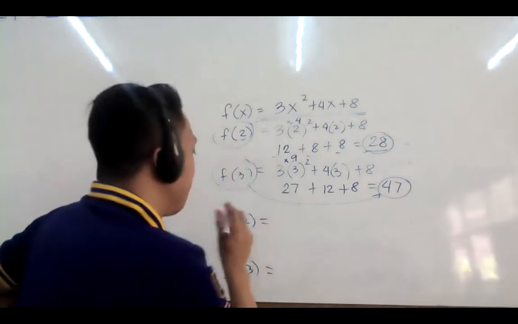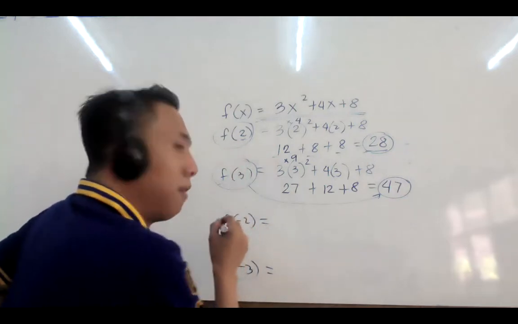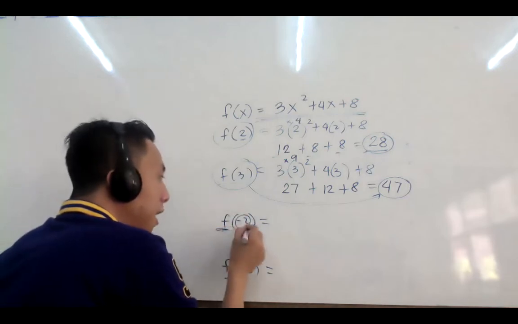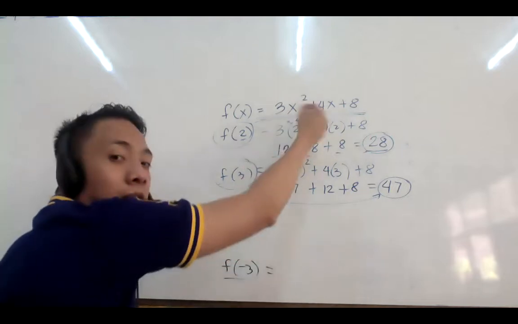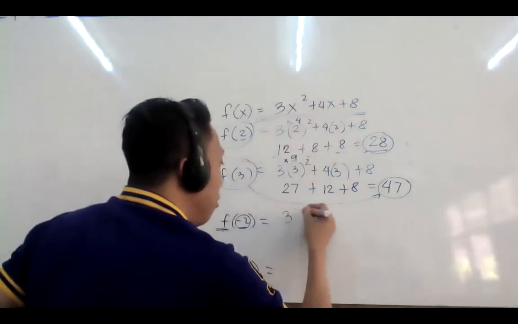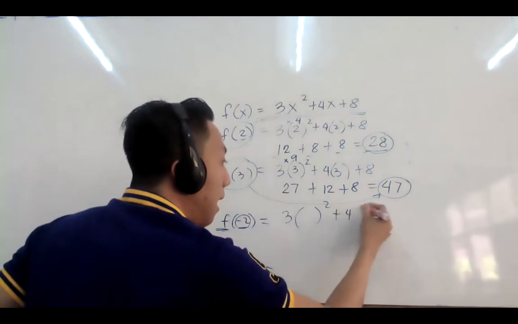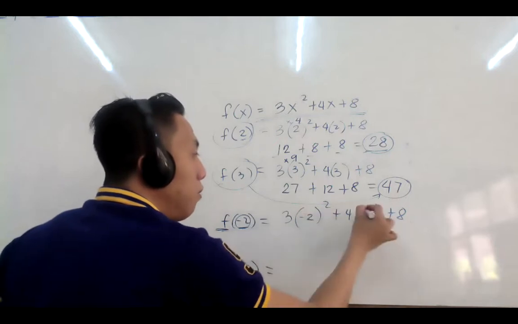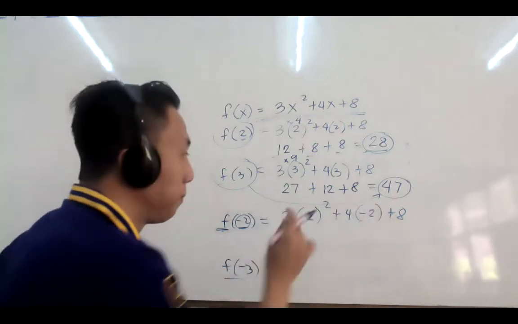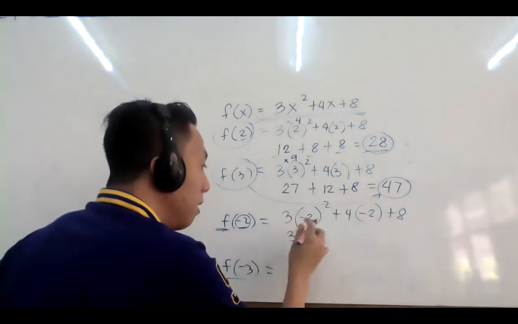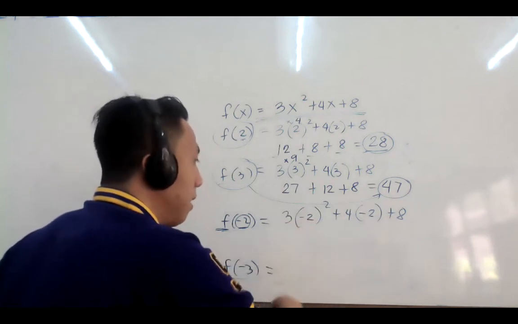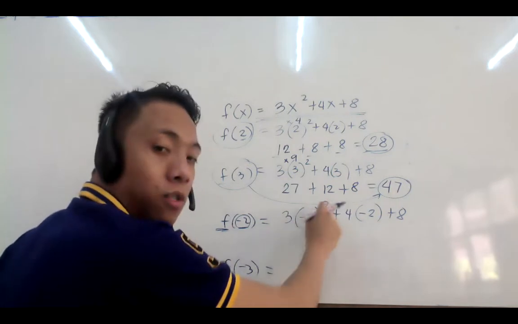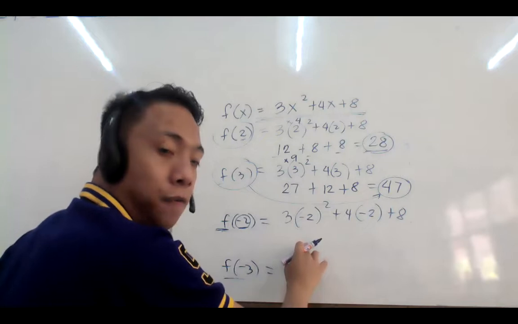Number 3. Our given function or our given variable is negative 2. So we need to find the function of negative 2 using this equation. Again, change all the x's with negative 2. So negative 2 and then negative 2. We have 3. Negative 2 squared. Negative 2 squared is positive 4.